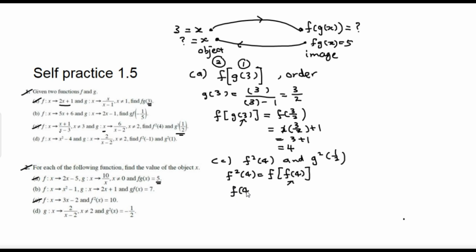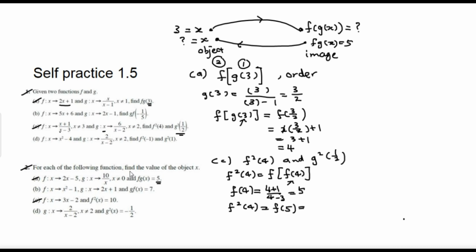Referring back to the f function, f(4) is 4 plus 1 over 4 minus 3, that is 5 over 1, which is 5. So f squared of 4 is equal to f(5).